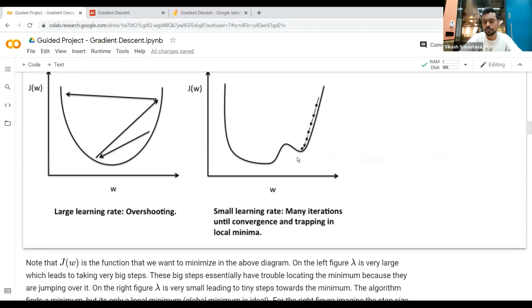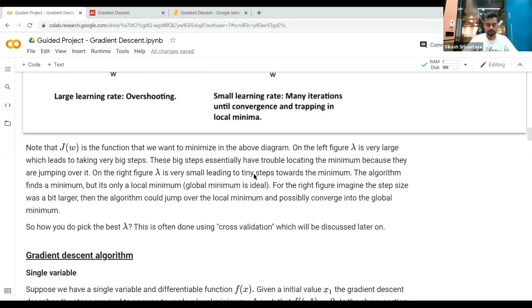A function like this can have a local minima and a global minima. Our objective ideally would be to arrive at this global minima, but if we have a very small learning rate, we will not be able to reach this particular point. So that could be a case.